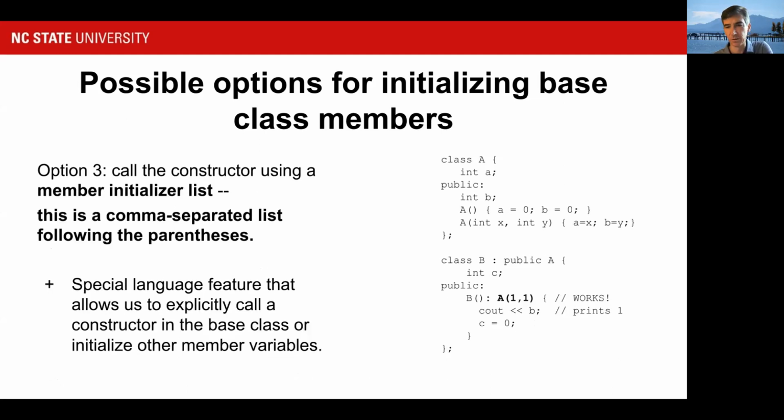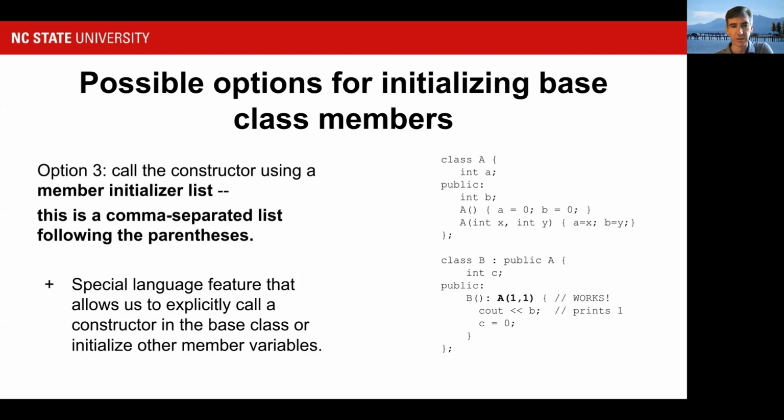So option 3, the recommended option, and really the only correct option that we're going to see here in this video. What we need to use is a feature of the language I've been showing you and hinting at a little bit in my previous videos. You might have gone and read about it. We need to use what's called a member-initializer list.